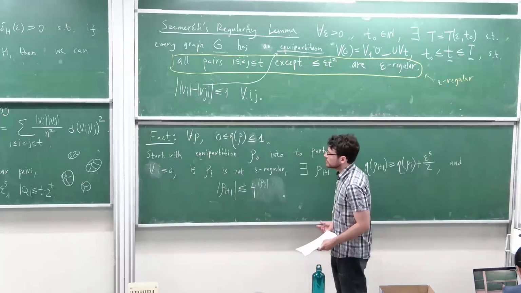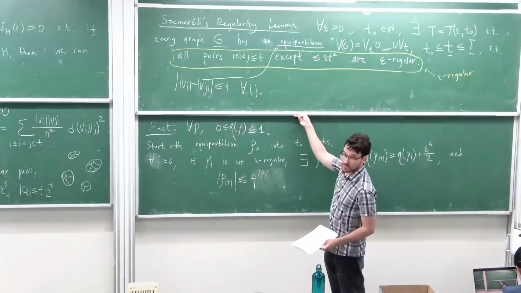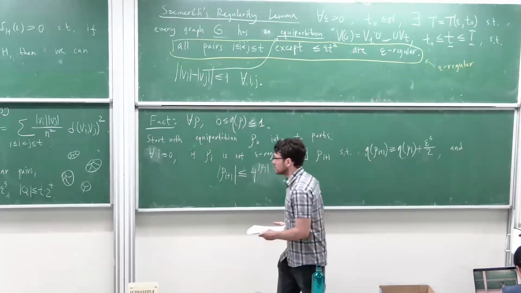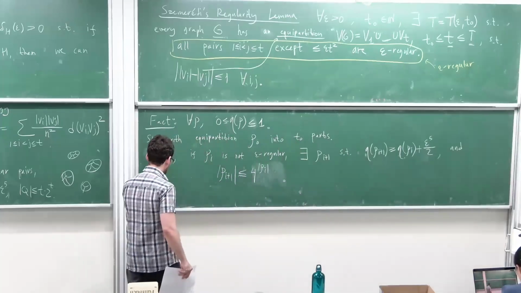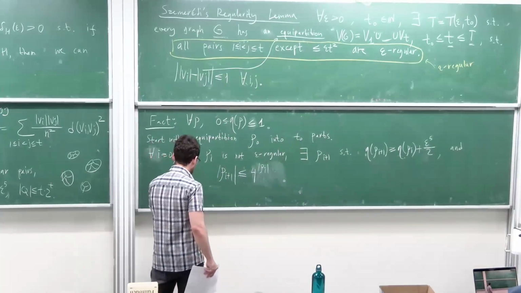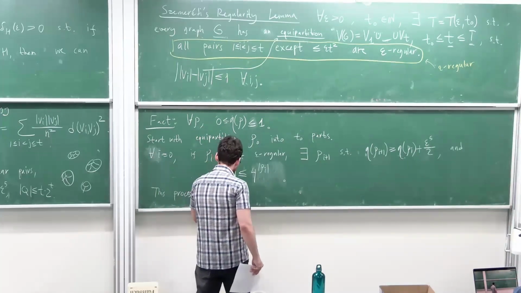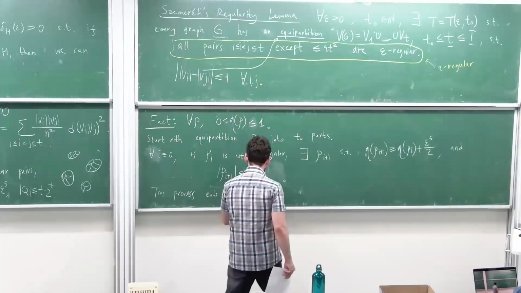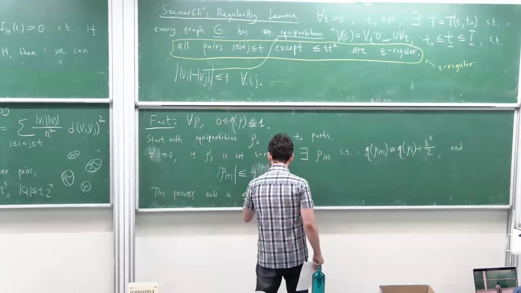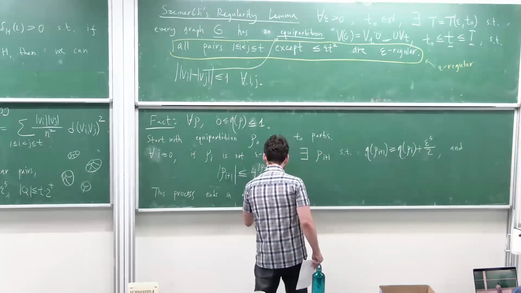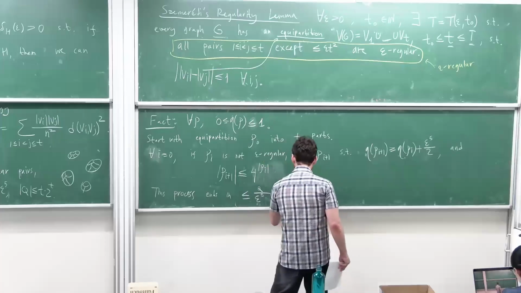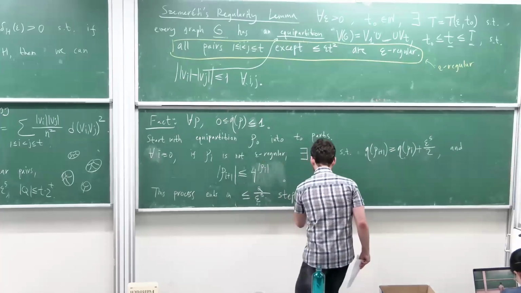Now, the key point is that this process cannot continue forever, right? So this process ends in at most 2 over epsilon to the 5 steps.